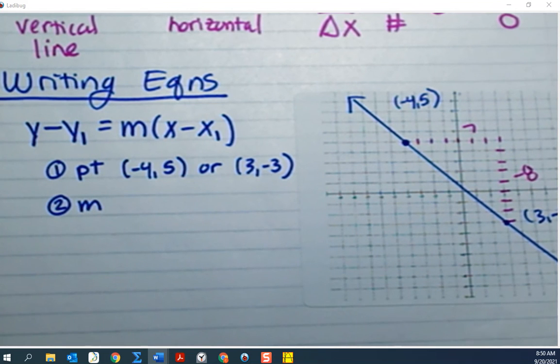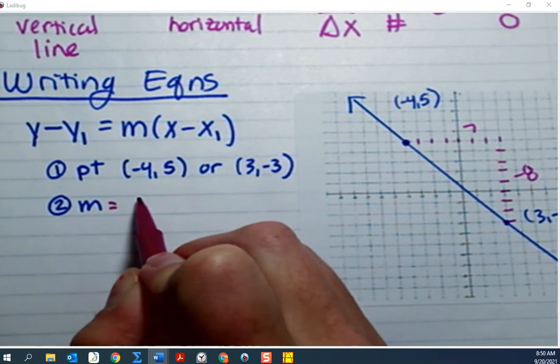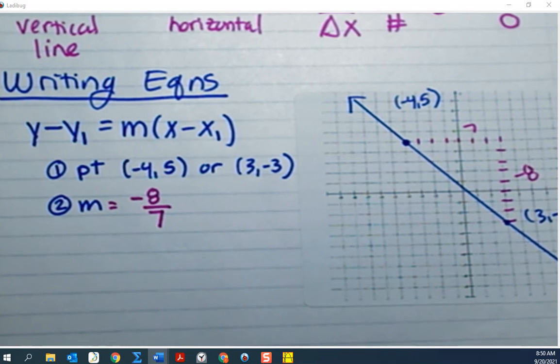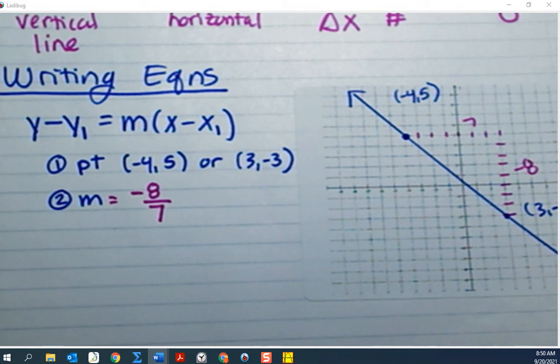Okay, so there's my slope. Rise over run. Now, could you do the y2 minus y1? Yes. You can also just count it on the graph.